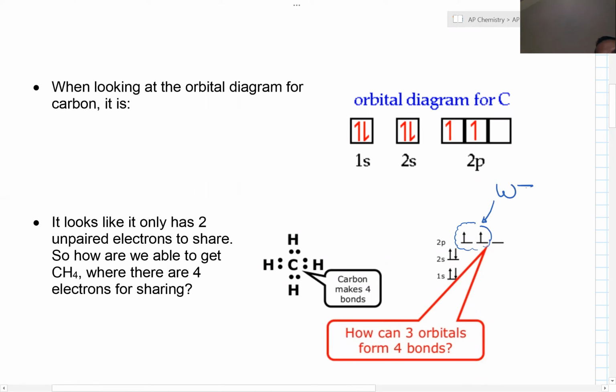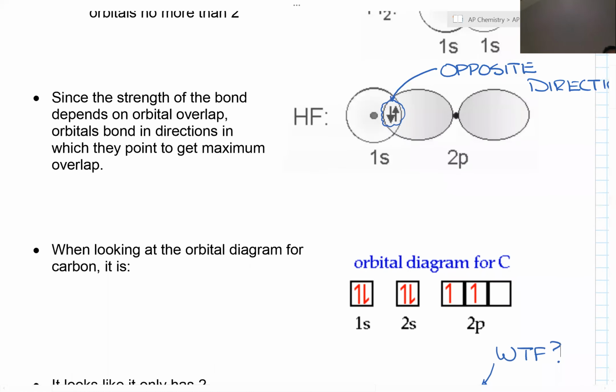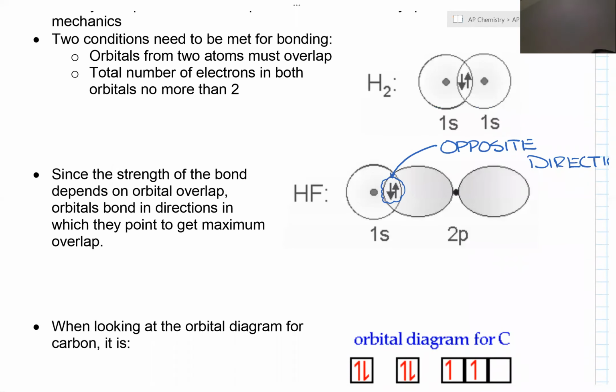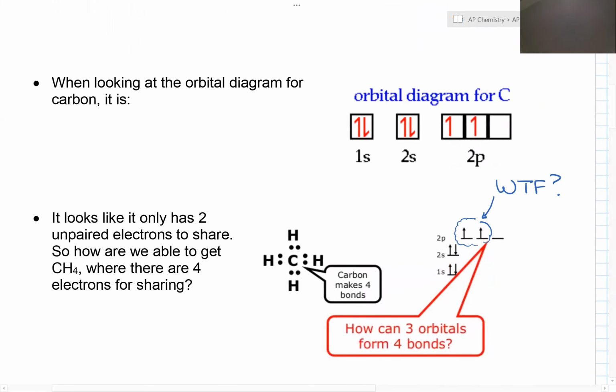So how can you have 2 unpaired electrons form 4 pairs, if we need electrons to overlap to form a bond? So there seems to be a disconnect here.